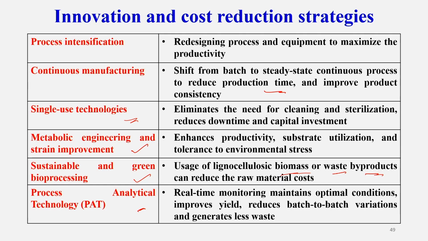There you have to go for real time monitoring for optimum conditions, and once you are going for monitoring, we have already discussed, then you should be able to control, and once you are able to go for good monitoring and control, then you can improve the yield, reduce the variation and minimize the waste generation. So this control is equally important, and there is a lot of scope.